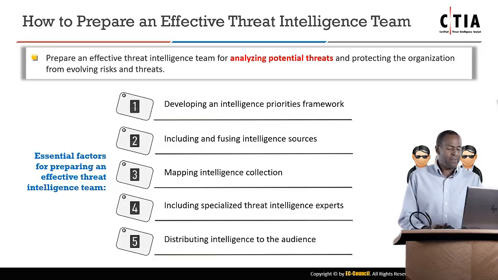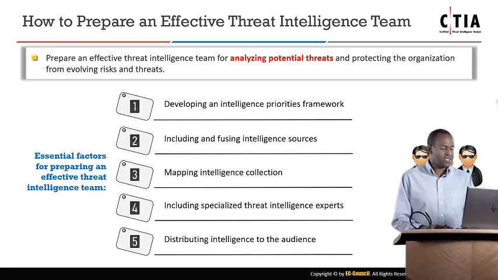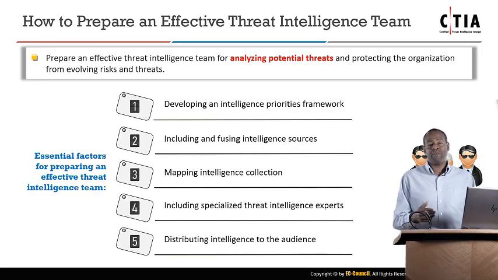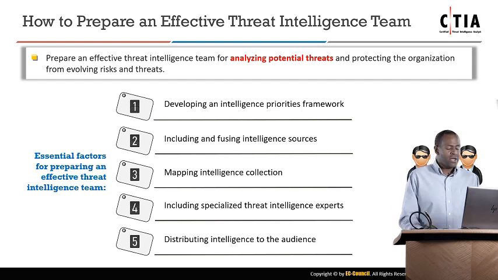Number three, mapping intelligence collection. So we don't want to just randomly find sources and collect them. So within our organization and without, as we collect intelligence, we want to have a map as to where and why we got this data. Number four, including specialized threat intelligence experts.